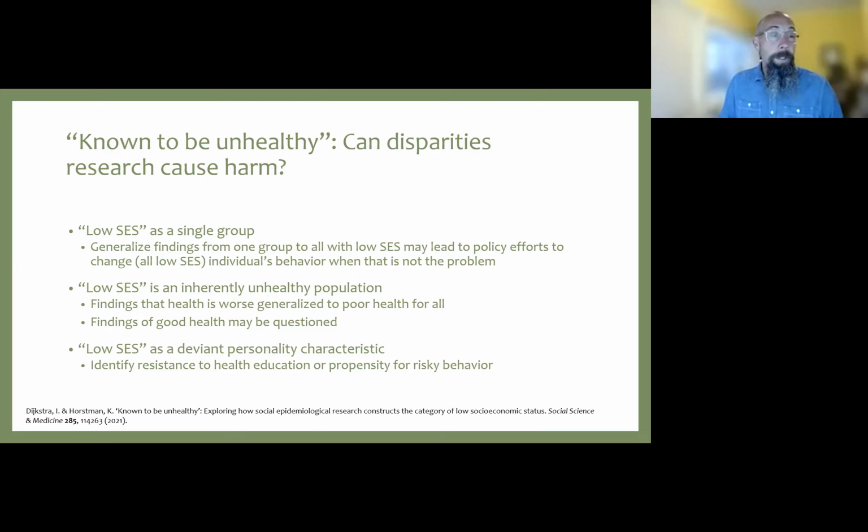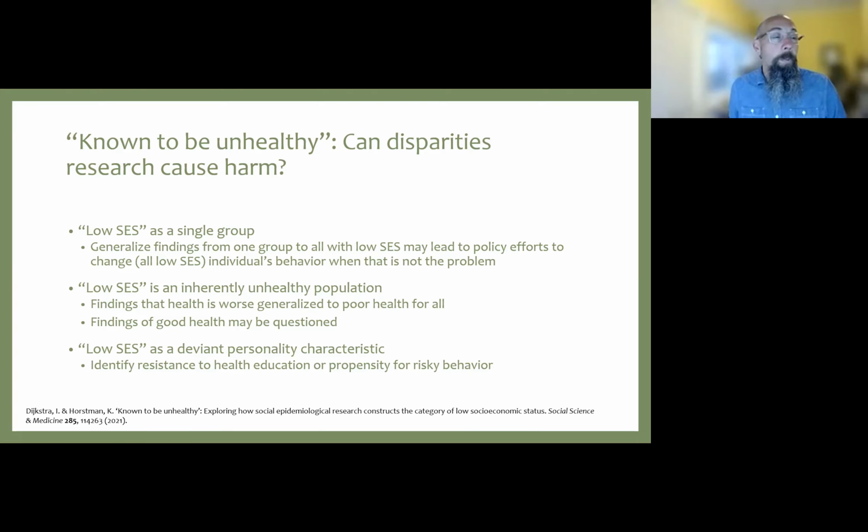Another was that low socioeconomic status comes to be referred to as an inherently unhealthy population. So findings that health is worse is generalized to poor health for all, a tendency to see social class purely from a deprivation standpoint and not from a resilience standpoint, for example.